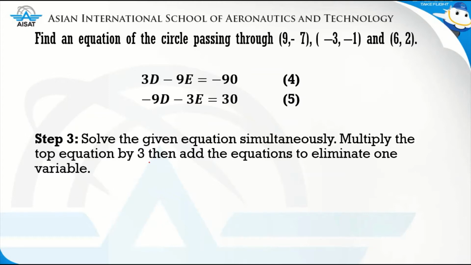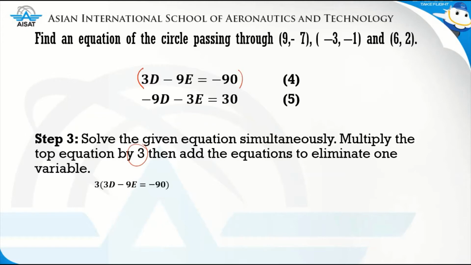Now the question is, why do we have to multiply the top equation by 3? Now remember that our goal is to eliminate one of the variables. Now if we are to multiply 3 on our fourth equation, each of the coefficients will be multiplied by 3, including the constant.